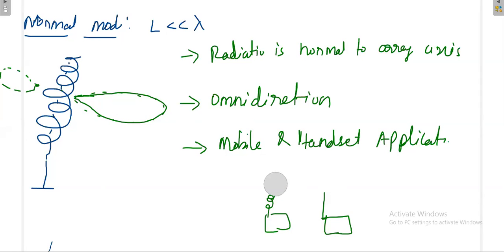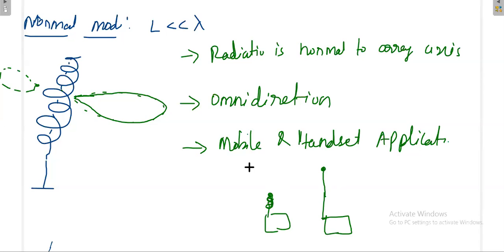Someone suggests circular polarization. Polarization is next, but don't worry about polarization for now. That may be one reason, we have to check it out.